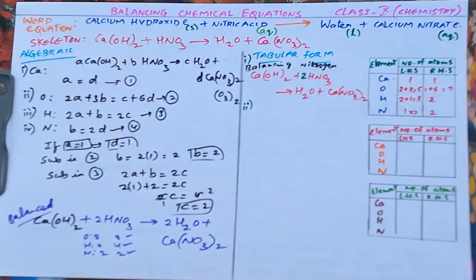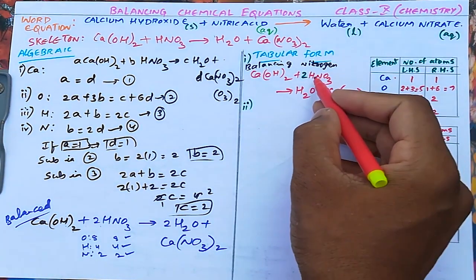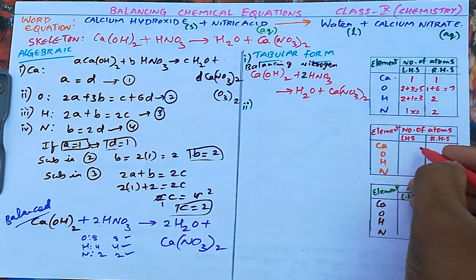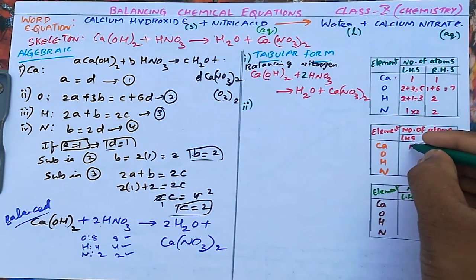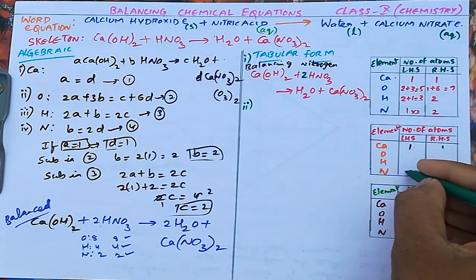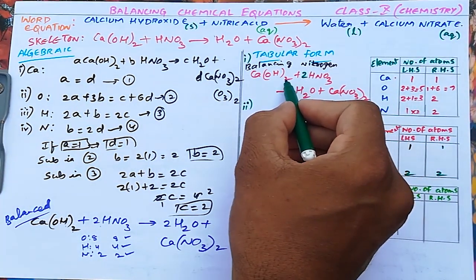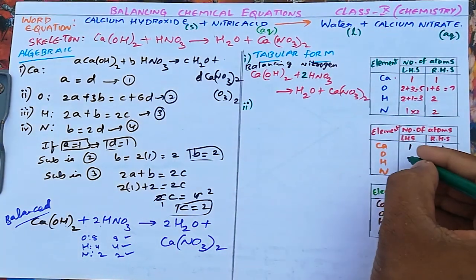So after balancing nitrogens, on the first step, we need to move to the second one. That means after balancing the nitrogens here, 1, 2, 2, hydrogens and oxygens are disturbed. So what are the new values, means calcium, we get the values are same. So 1 on LHS, RHS, nitrogens are balanced now 2, 2. Oxygens, how they disturbed we will see. 2 plus here 3 twos are 6, so this will become 8.